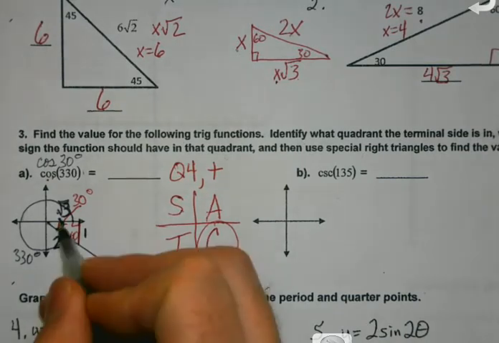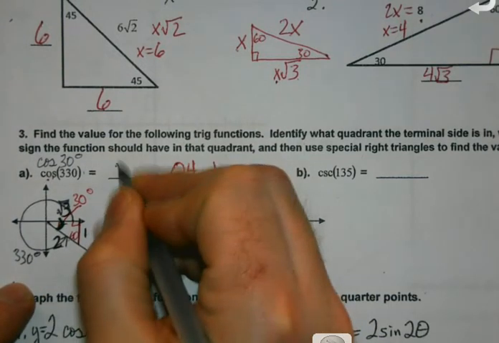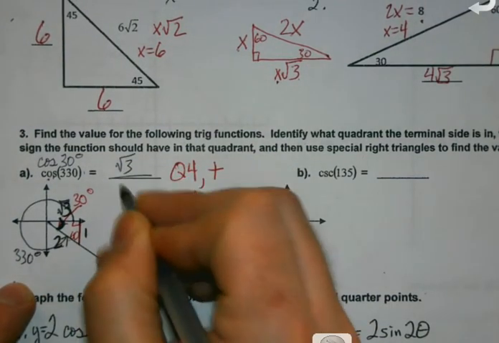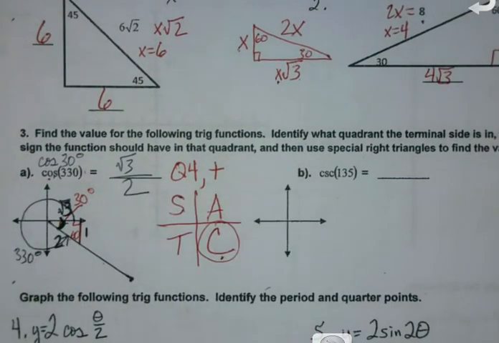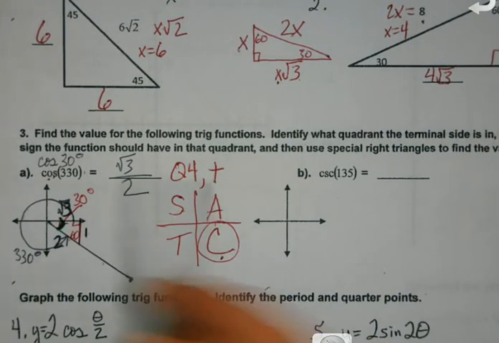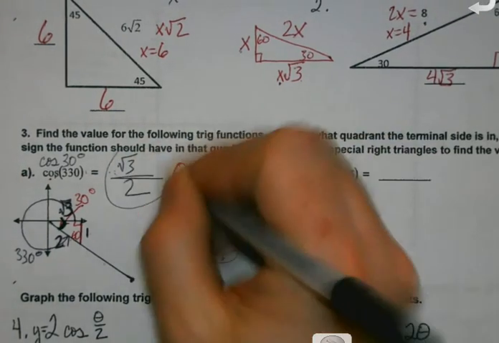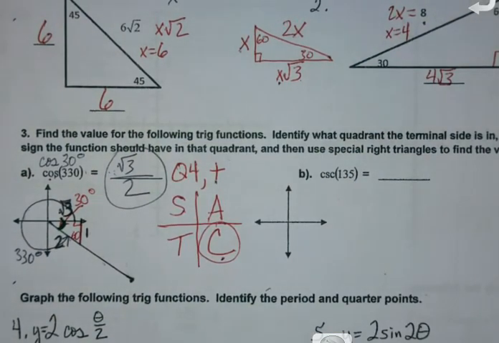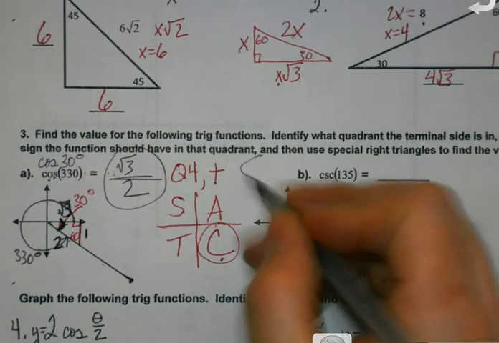Adjacent over hypotenuse. So square root of 3 over 2. And we're good. If it had told me it was supposed to be negative, I'd have to put a negative on here. But it didn't, so I don't. Dealing with all that business.